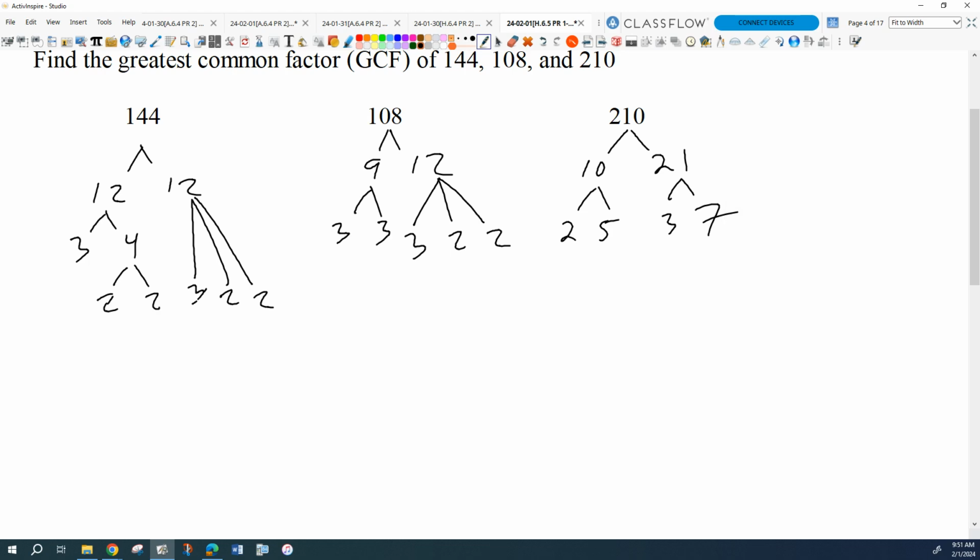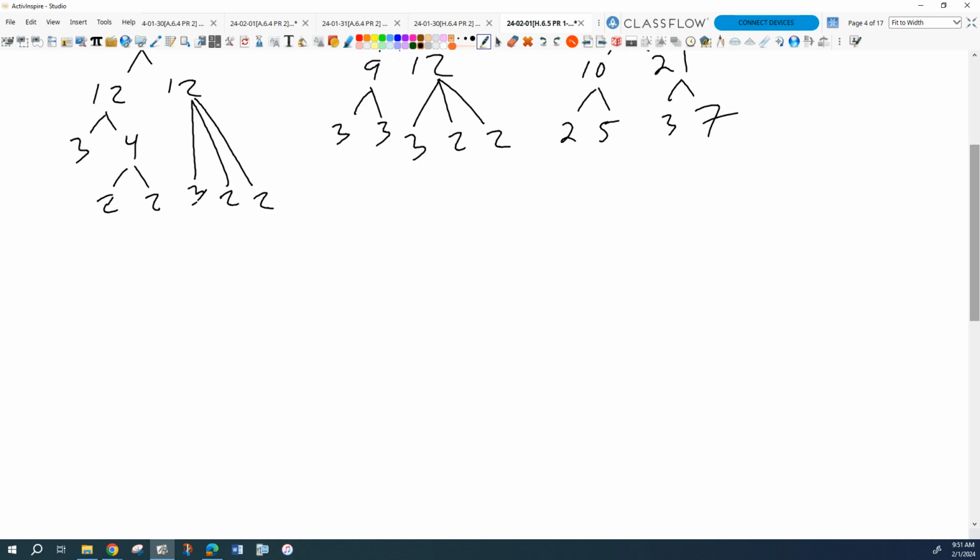Okay, the fact that this was the factor tree for 144, how could I rewrite that in a little more convenient way? Well, let's take one step first: let's write the factors in increasing order. So I'm going to rewrite this as 2 times 2 times 2 times 2. There's all my 2's, agreed?